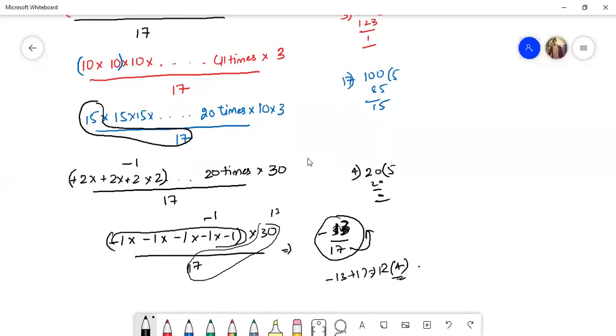Yes, I hope we got the same answer, right? We got remainder 4 for this particular question earlier. Any doubts with this one? Okay. So I hope this is clear for everybody.